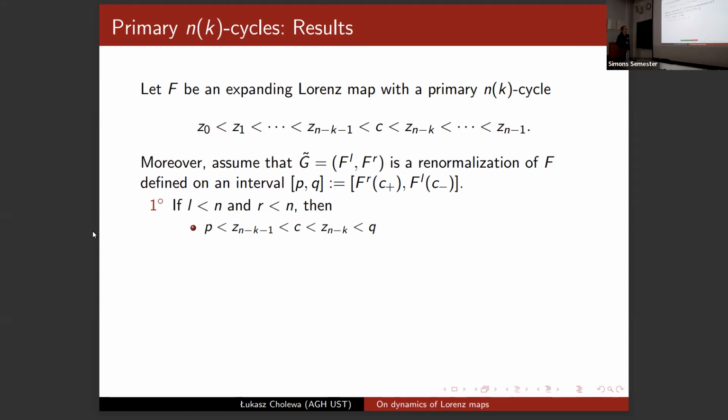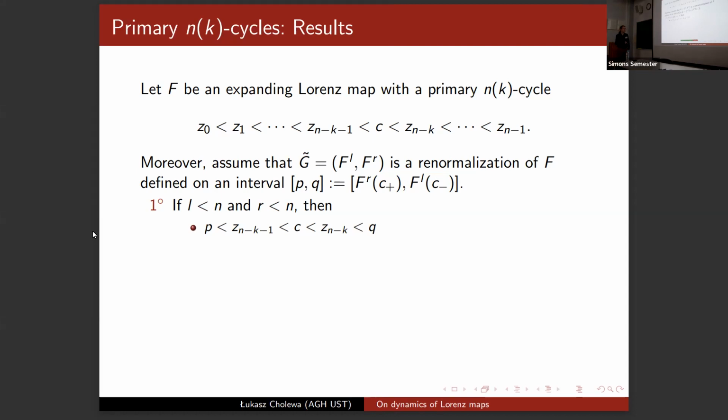It is because, as I said, when I take a point from this interval around critical point, I need n iterations to come back. Okay, but if L and R are less than n, it must happen that P is less than this one and Q is greater than this one.